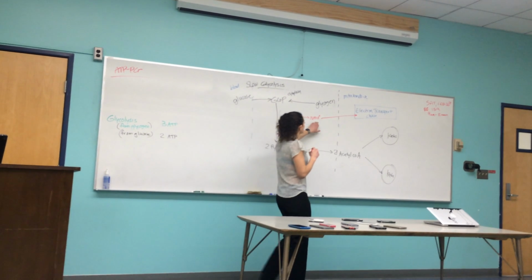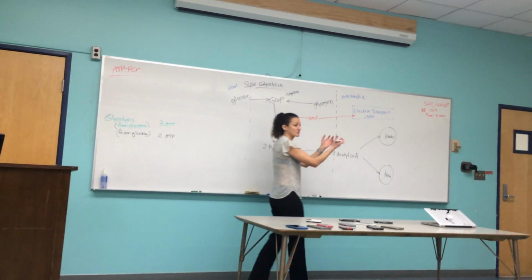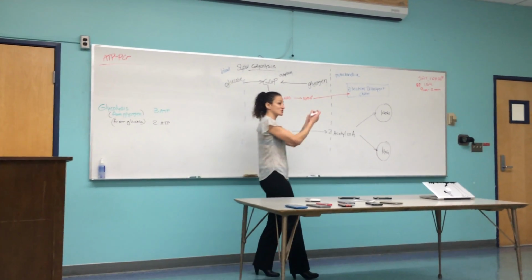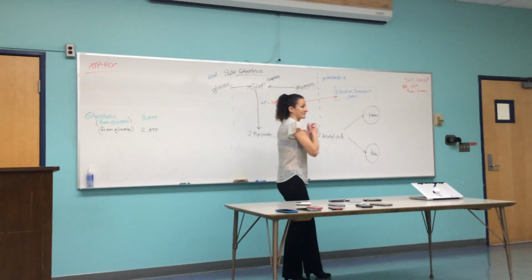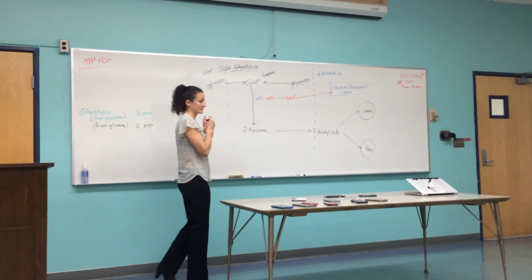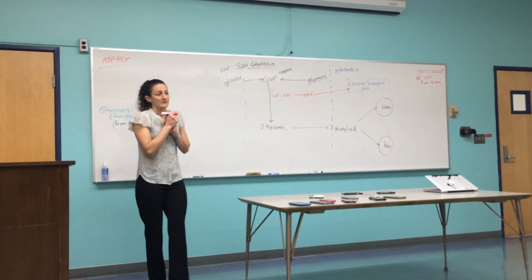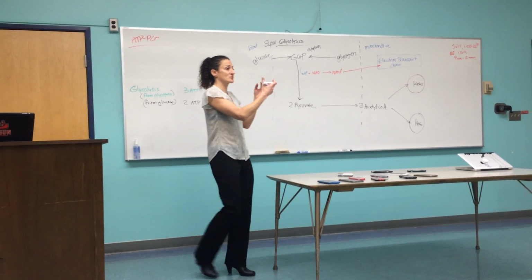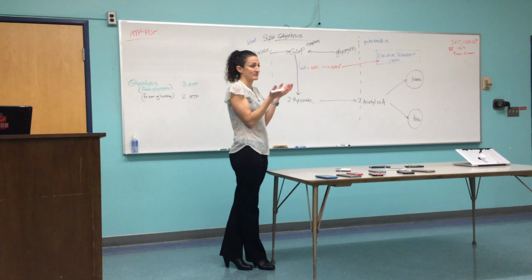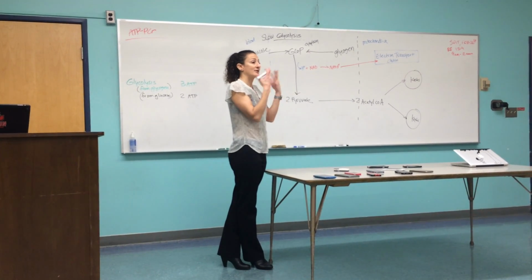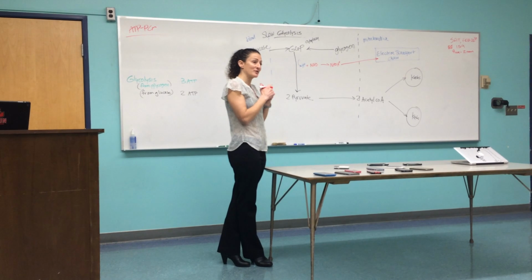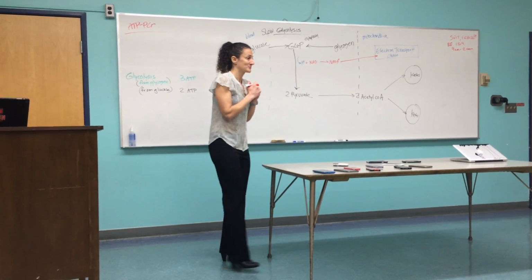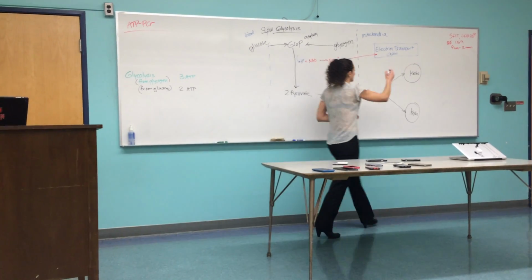When it gets to the electron transport chain, it's going to hand off the hydrogen and the electron, and that hydrogen and electron is going to get passed down a chain in the electron transport chain. That process of passing the hydrogen and electron down the chain is going to produce energy. That energy is going to be used to phosphorylate the ATP. Do you remember what that means? Remember what it means to phosphorylate something?